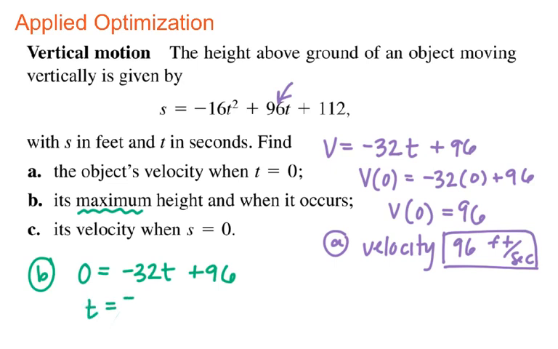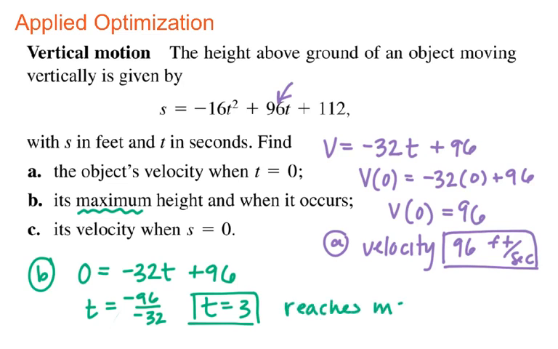I've got t equals negative 96 over negative 32, which gives us t equals 3. So it reaches the max at t equals 3 seconds.